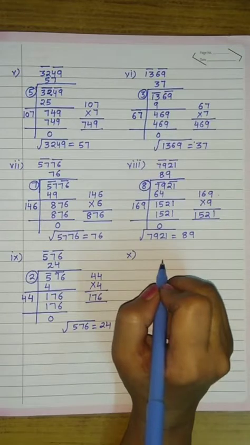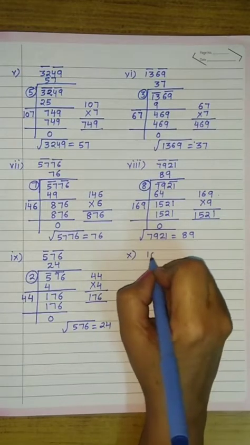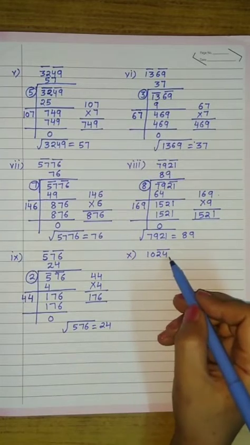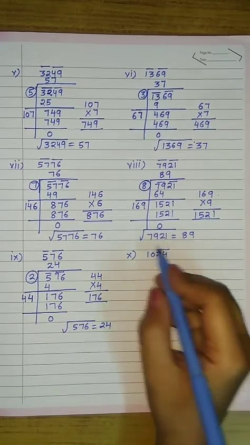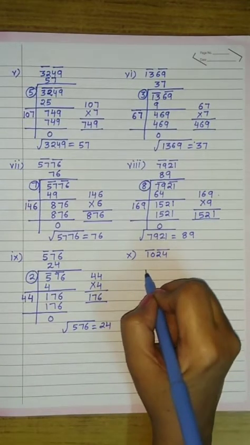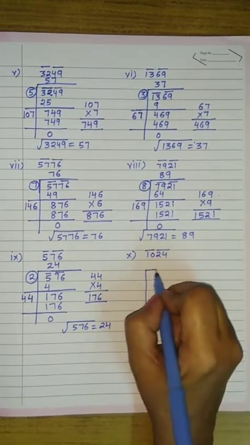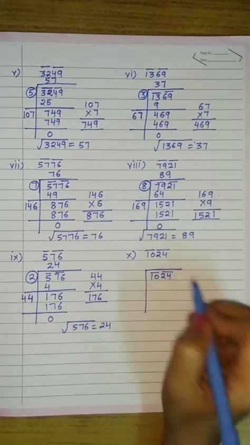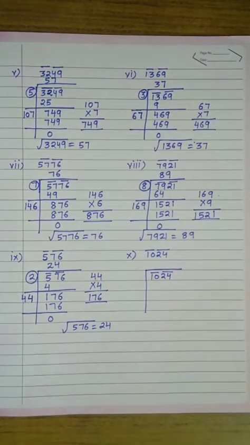Now the 10th part of this question is 1024. Again one bar from the ones digit is on 24 and the second bar is on 10. So we are finding the square root of 1024 by the long division method.